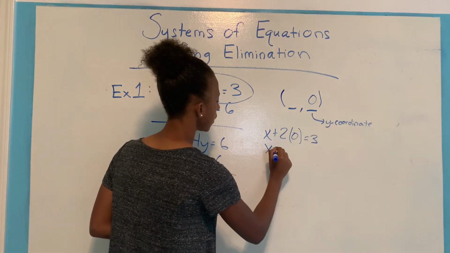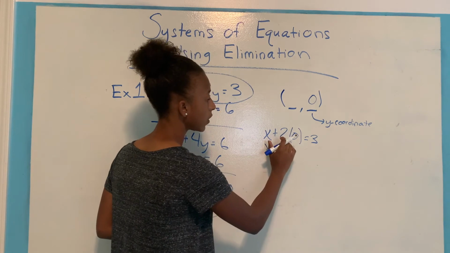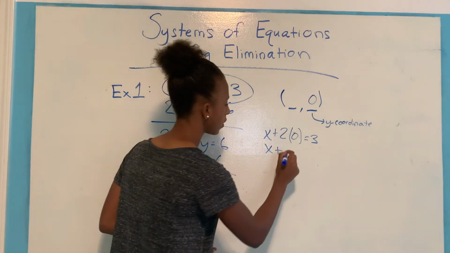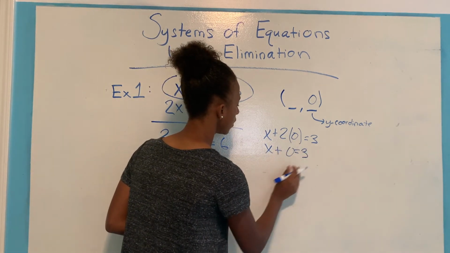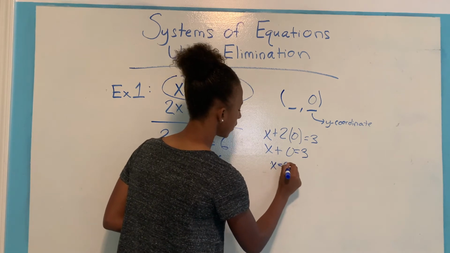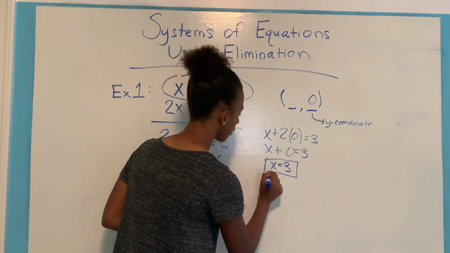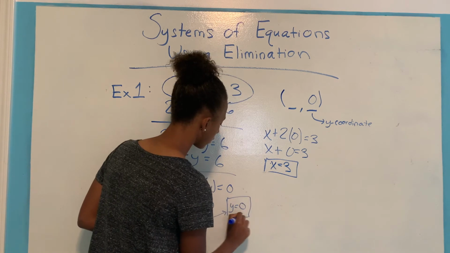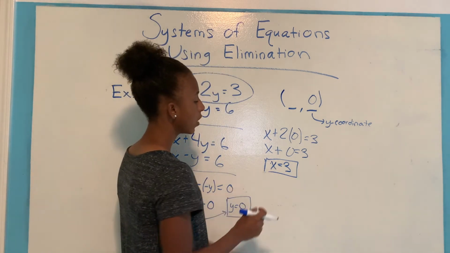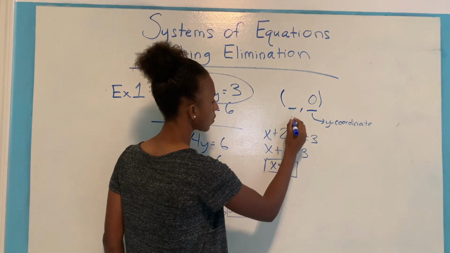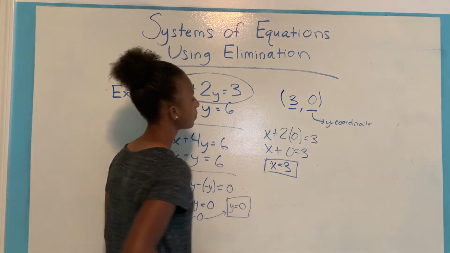So it's x plus, and then you have 2 times 0, which is 0, equals 3. So then you know x has to equal 3. Right, so there are your 2 answers, right? And sometimes I'll have you go in this form, so this would be the x coordinate. You just do that, right?